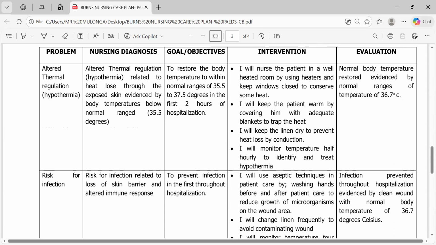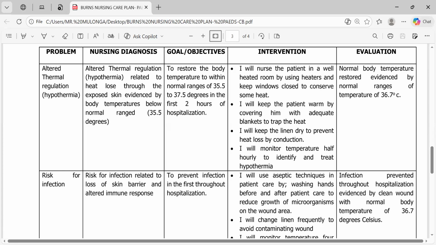There's a high chance that they are losing heat also. So in burns, there is no fever. There is hypothermia. There is reduced temperature because of the exposed skin. They will lose a lot of heat through vapor.